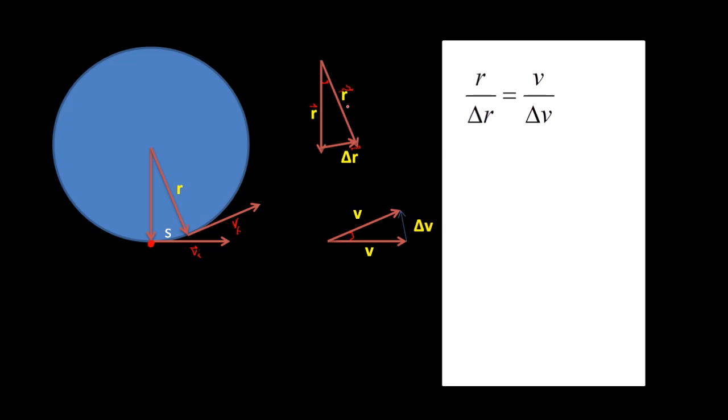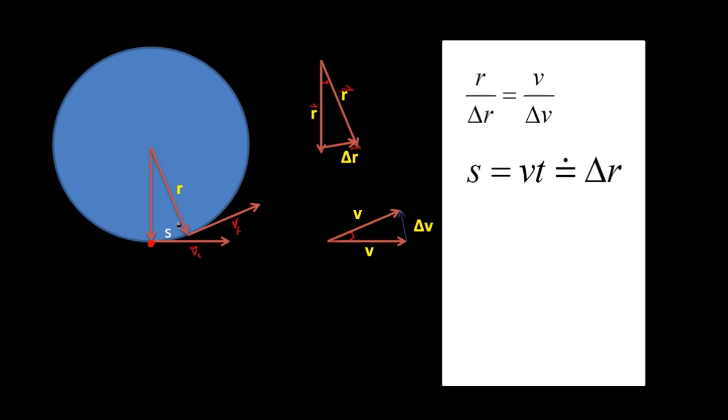Now, as it turns out, if we look at the arc length S, which just magically appeared on your diagram right here, that arc length is, of course, curved. But as it gets smaller and smaller, it can be more and more closely approximated by a straight segment, what we would call a chord of the circle. That is, S can be approximated by delta r.